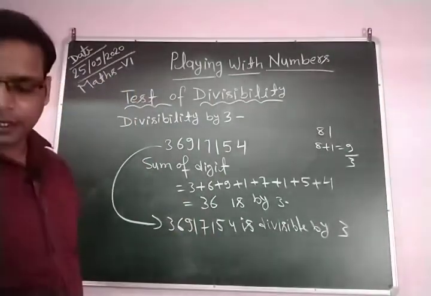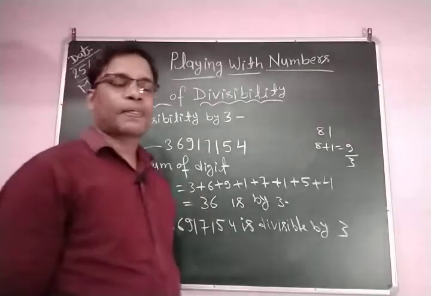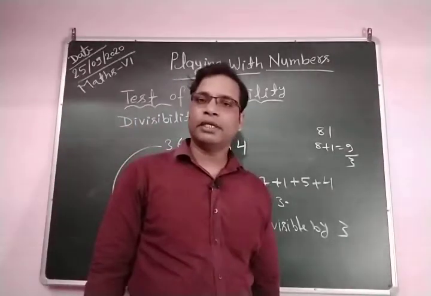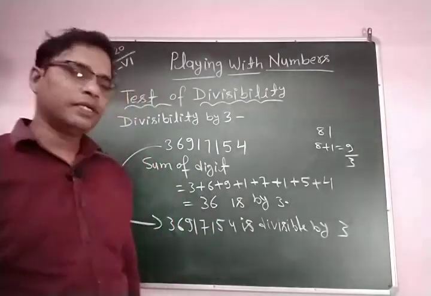Clear? If the sum of digits of a number is divisible by 3, then you can say this number will also be divisible by 3.